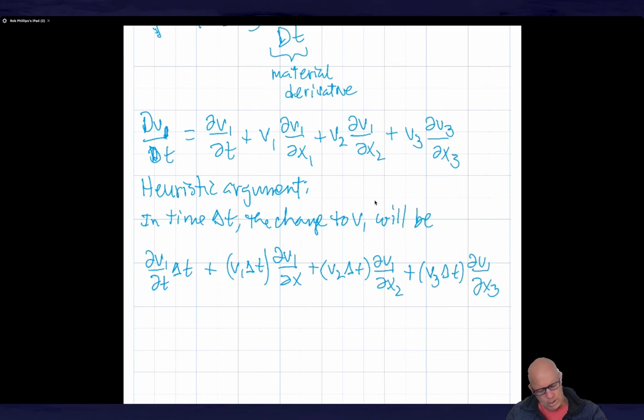And note, this is delta x1, this is delta x2, and this is delta x3.